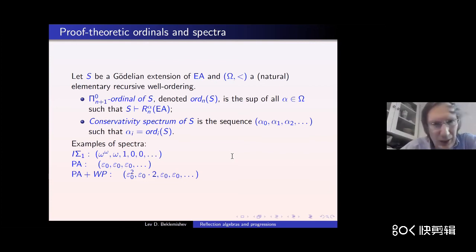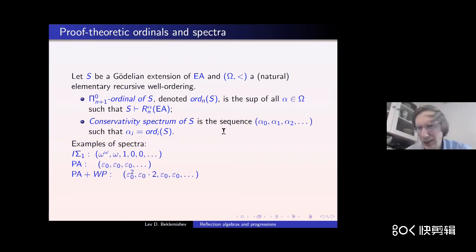We take our reflection operator Rn, iterated as many times as possible, as long as the alpha's iteration Rn alpha of EA is provable in S. The supremum of all these ordinals alpha will be denoted ord n of S. This is called the pi n plus 1 ordinal with respect to the given ordinal notation system of S. Then the conservativity spectrum of S is the sequence of all ordinals for all possible n: the pi 1 ordinal alpha 0, the pi 2 ordinal alpha 1, the pi 3 ordinal alpha 2, and so on and so on.